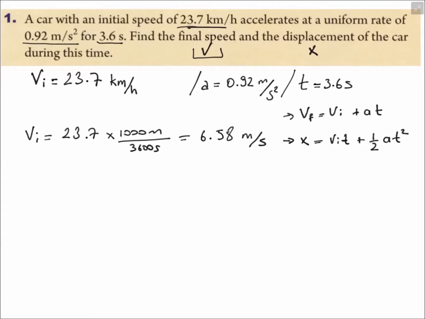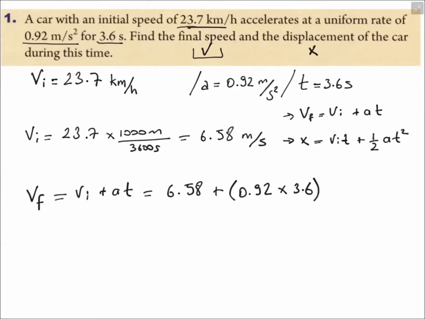So for the v final formula, v final equals v initial plus a multiplied by the time, and the initial velocity is 6.58 meters per second plus acceleration is 0.92 multiplied by the time, which is 3.6.